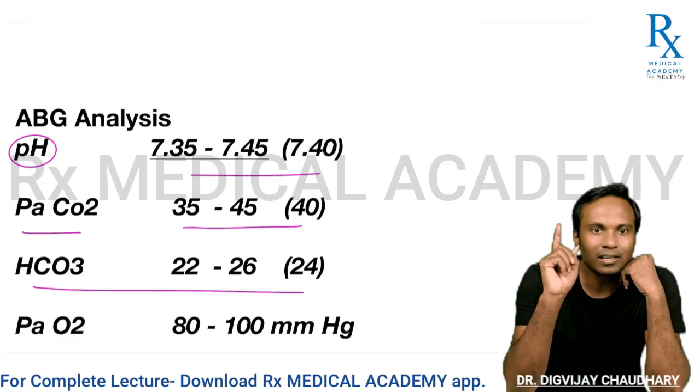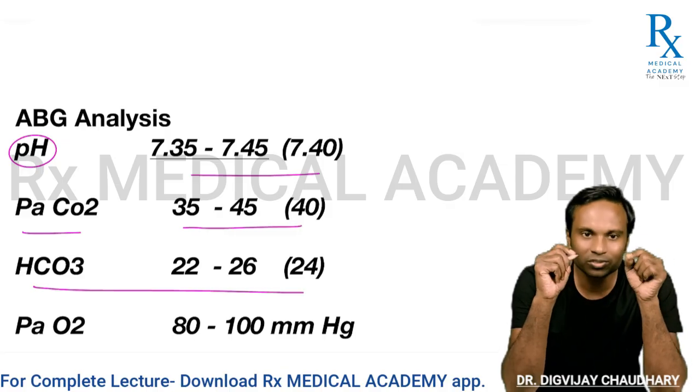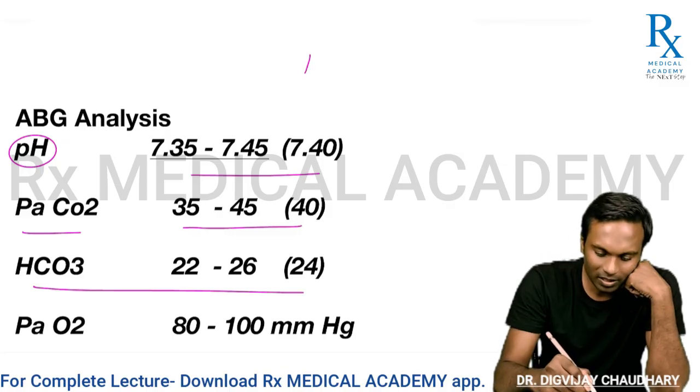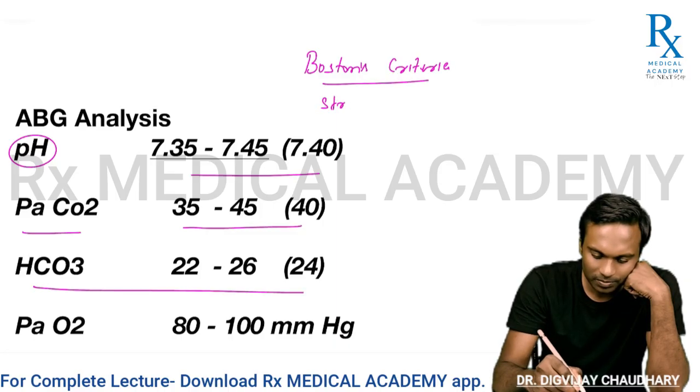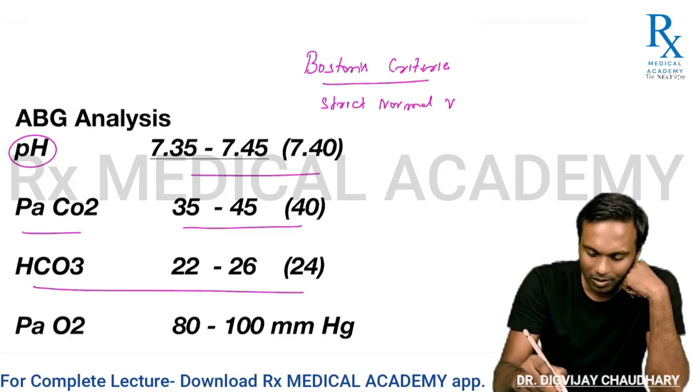When we interpret ABG as per Boston's criteria, we will need strict normal values, or you can say mean.